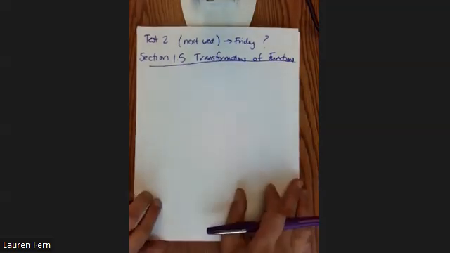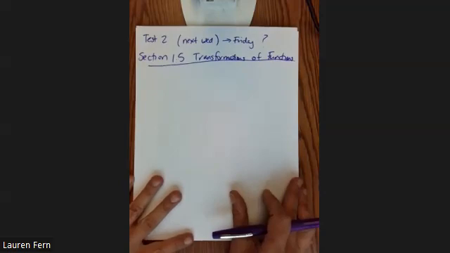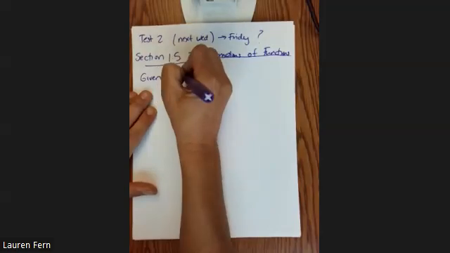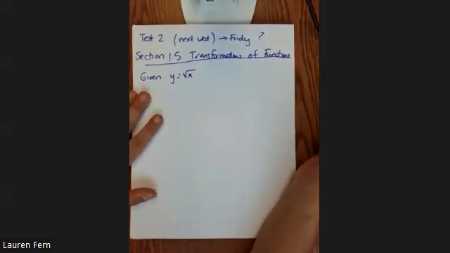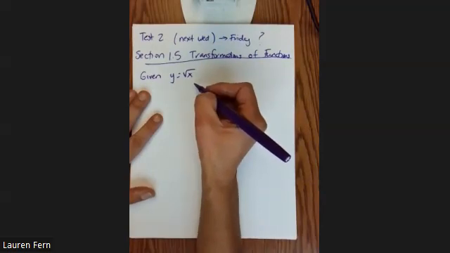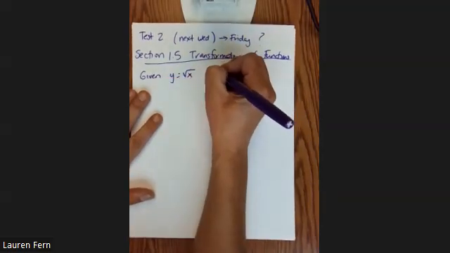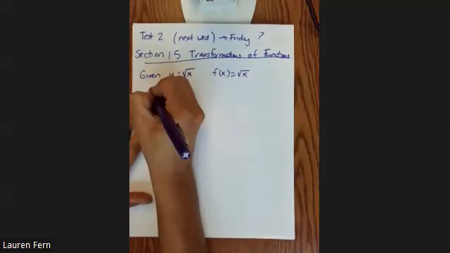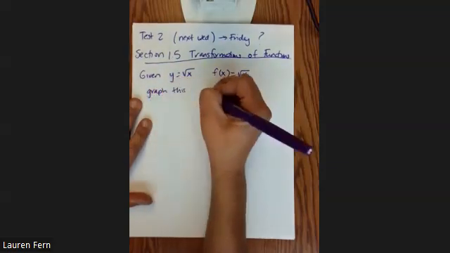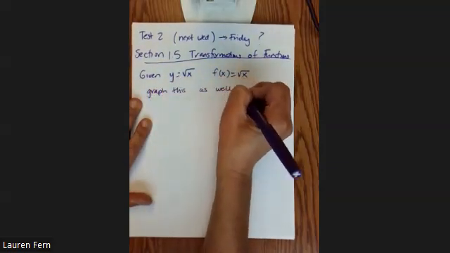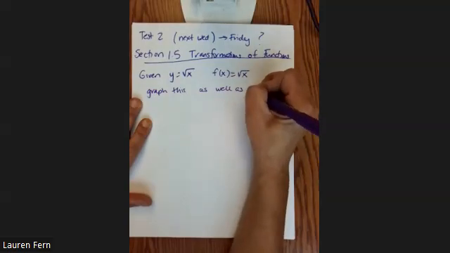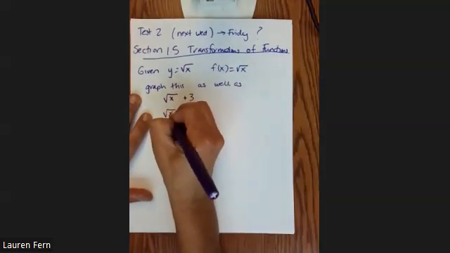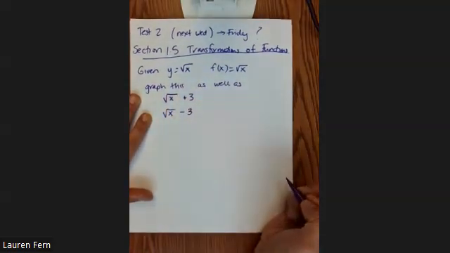So what I want to do is start out by drawing a picture. I'm going to take one of our toolkit functions, the square root function. If we're given this function, y is the square root of x, or we can say f of x is the square root of x, I want us to graph this, as well as the square root of x plus 3, and then the square root of x minus 3.